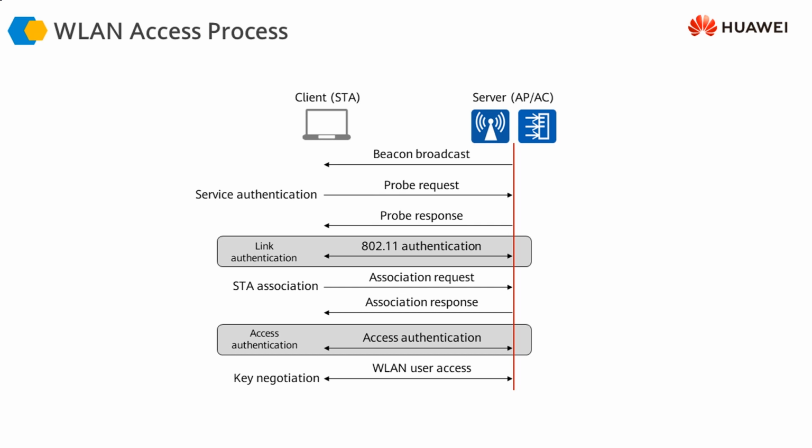Connecting to this access point does not necessarily mean that the station, user, or client can access all the other resources in your network behind this access point. This only connects the client to the access point. That is done at the link authentication level, which we can also call 802.11 authentication.